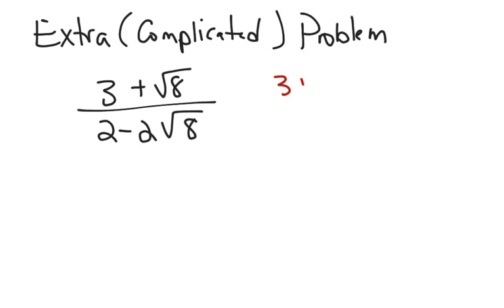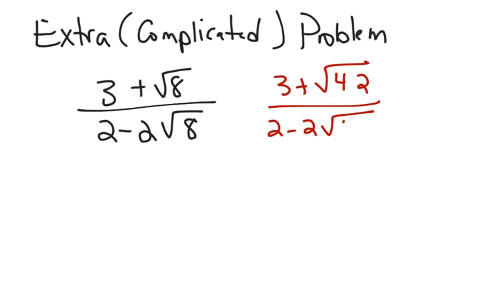So before I do anything, I'm going to simplify that radical. The square root of 8 is the same as the square root of 4 times 2, and the square root of 4 is 2. So the numerator becomes 3 plus 2 the square root of 2. Remember, the square root of 4 is 2, that's why there's a 2 in front. But there was a 2 under the radical I didn't circle, it stayed.